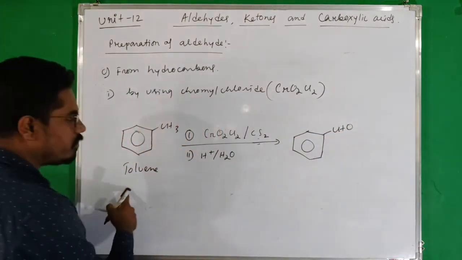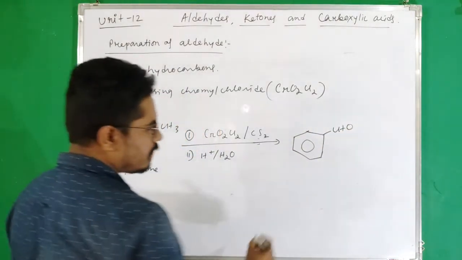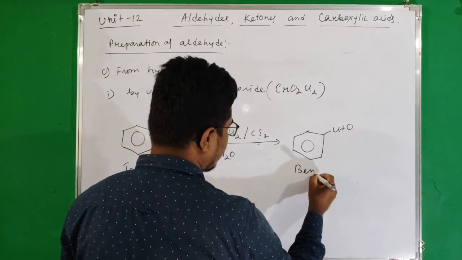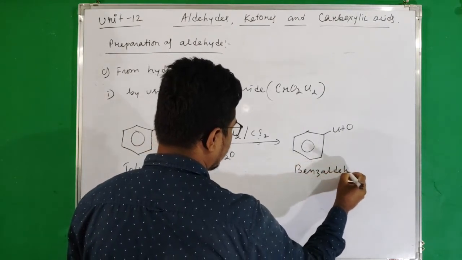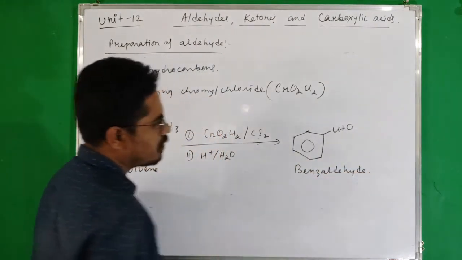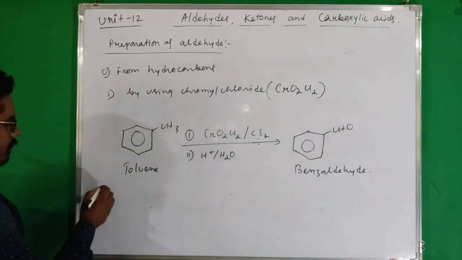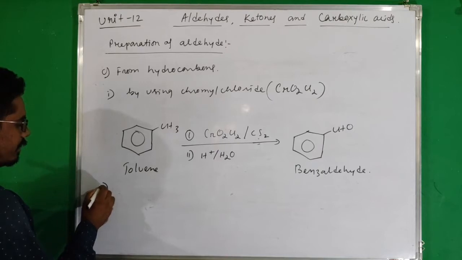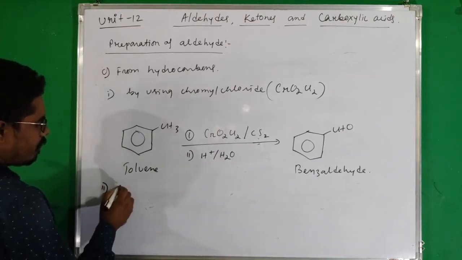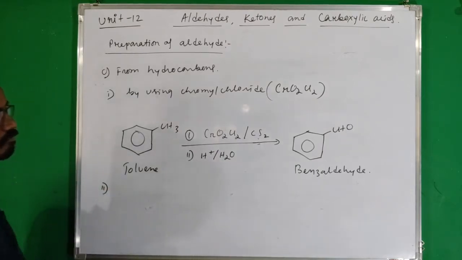That means toluene will convert into benzaldehyde, and benzaldehyde is an aromatic aldehyde.